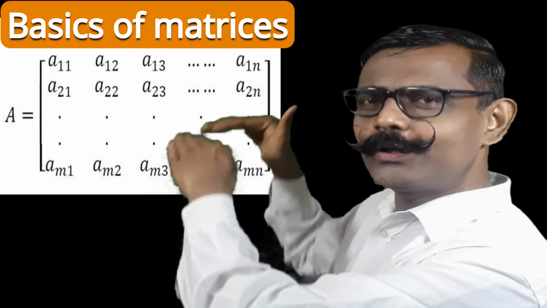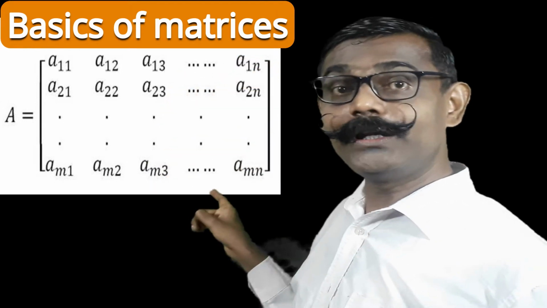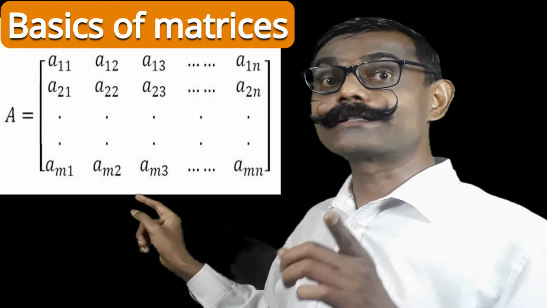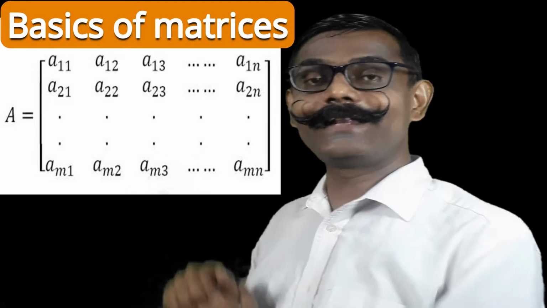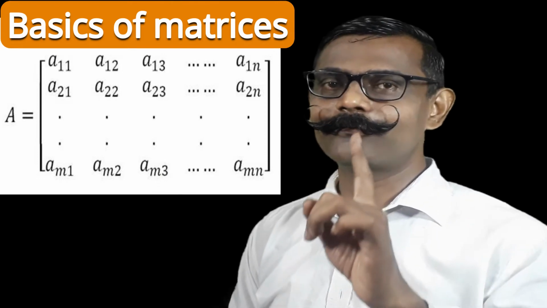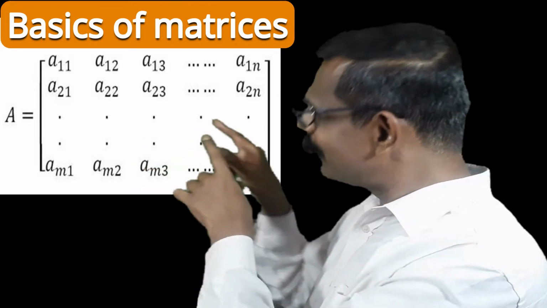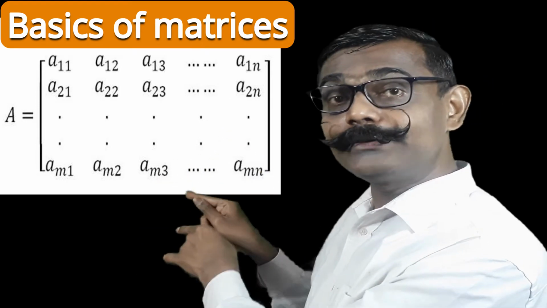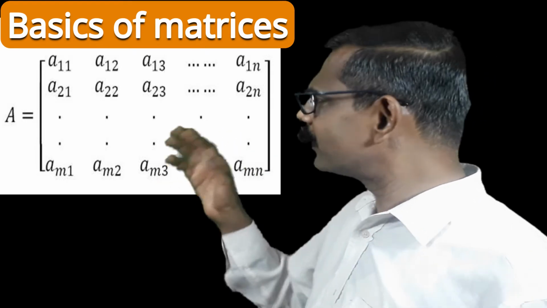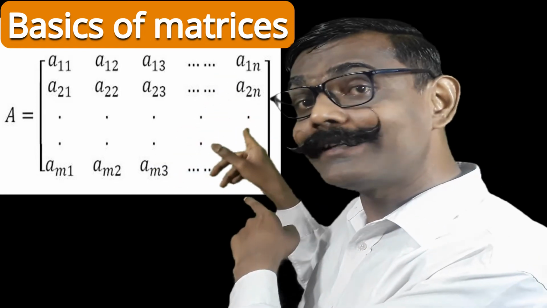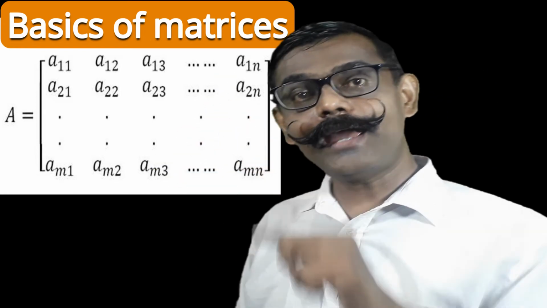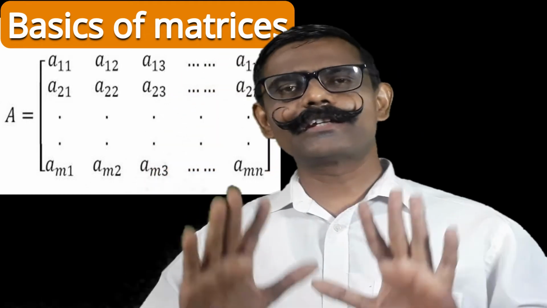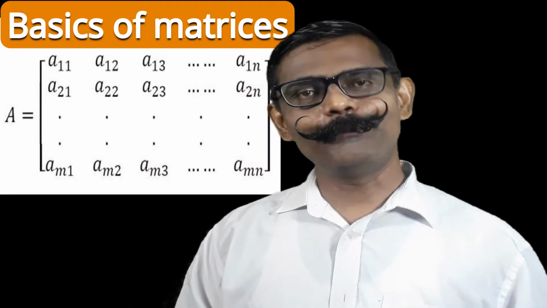Likewise, if I continue the rows, the last row will be Am1. Yes, m number of rows are present in that matrix, and 1 is the column number. Am2, mth row, second column. Am3, mth row, third column. Likewise, continue. The last element in that row will be Amn, mth row, nth column. It is a general representation for the matrix.